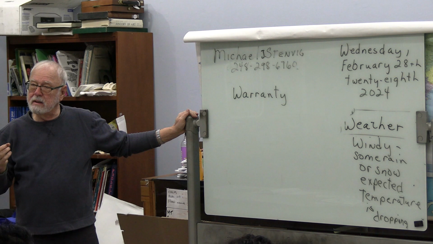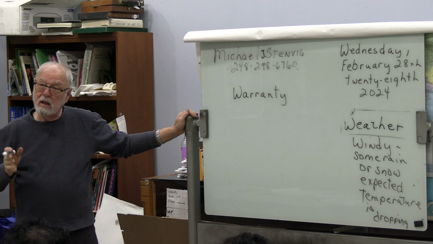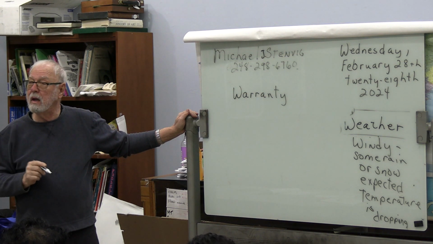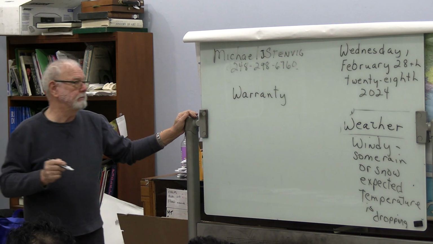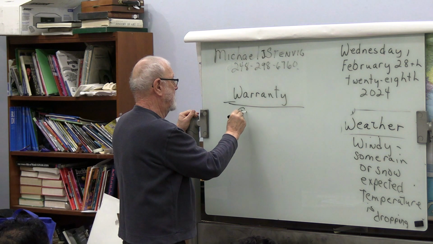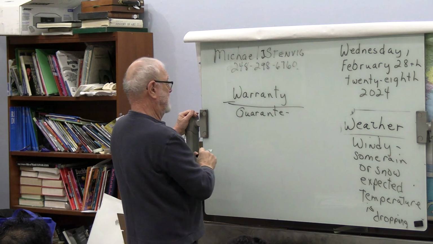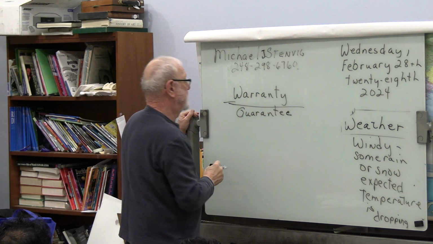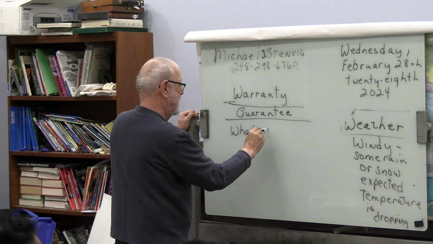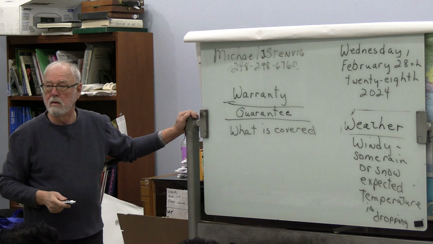But in official business, you buy something and you say, well, maybe it's junk, maybe it's no good. Warranty. Repair. What is covered?